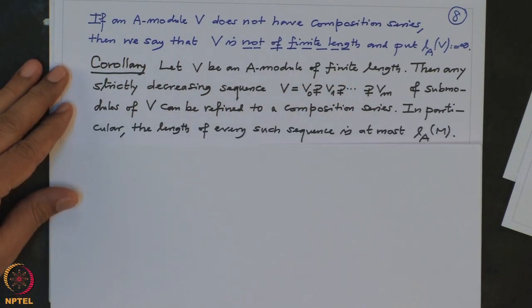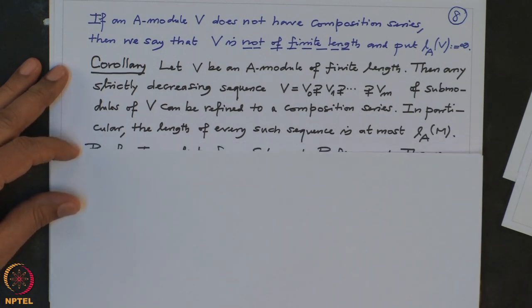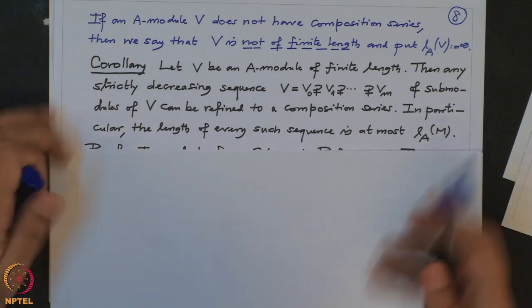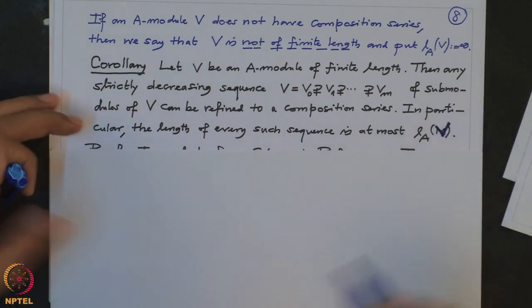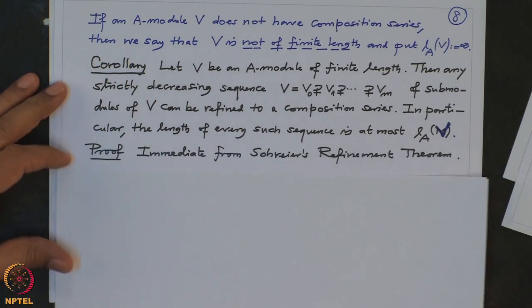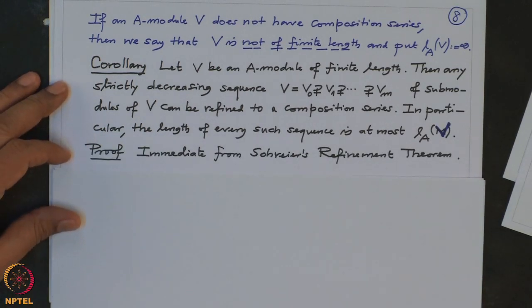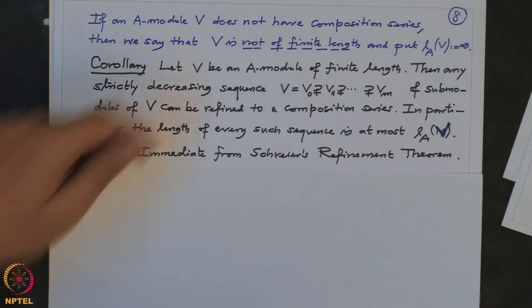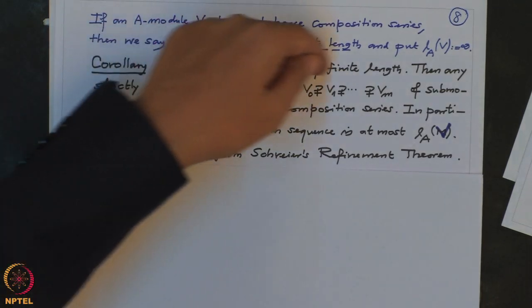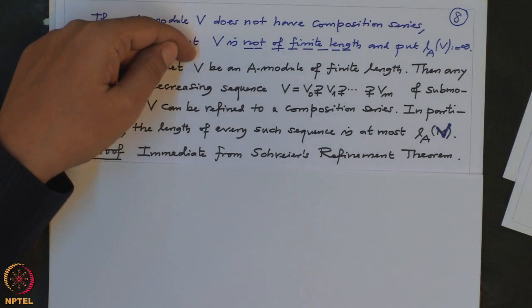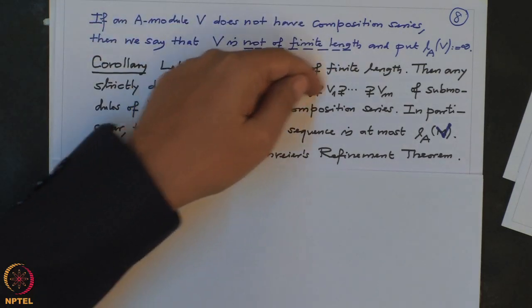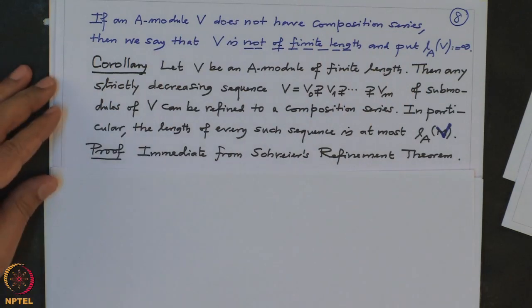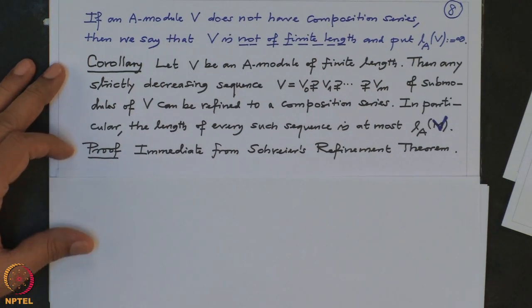In particular, the length of every such sequence is at most the length of the module V. This is also immediate from the refinement theorem, because given this sequence I will keep refining it, and already I know there is a composition series for V that exists because V is of finite length, and by inserting more and more terms I refine and make it a composition series.